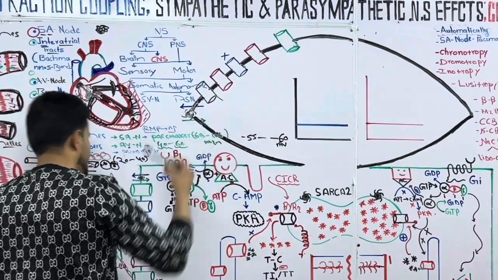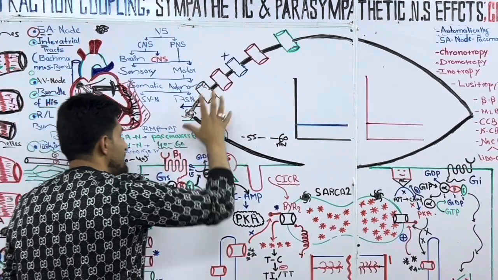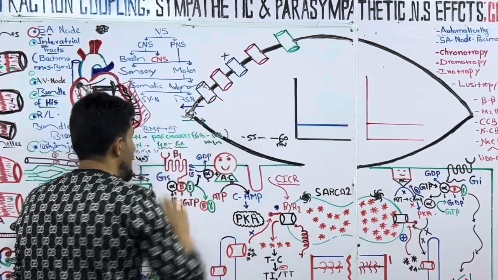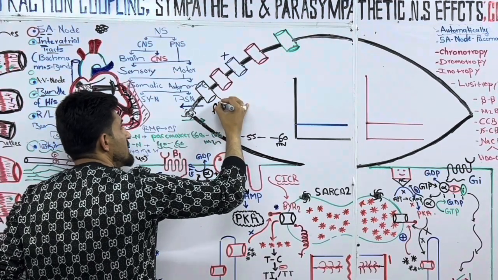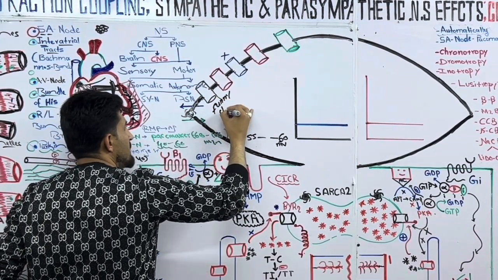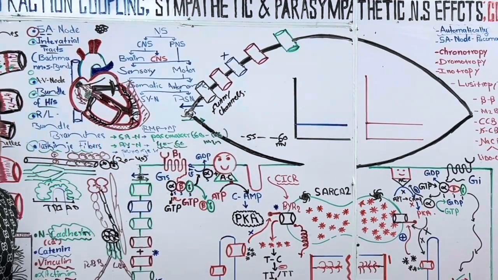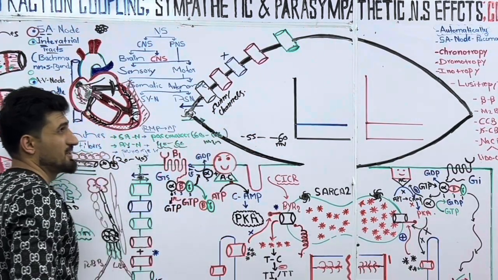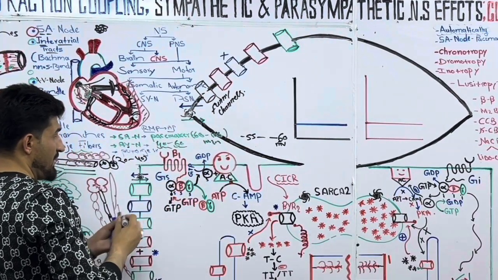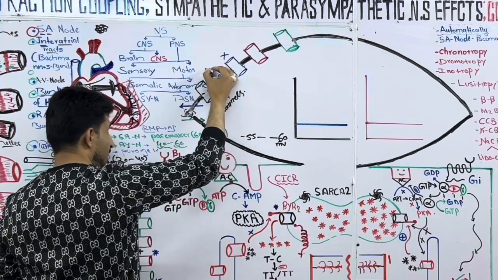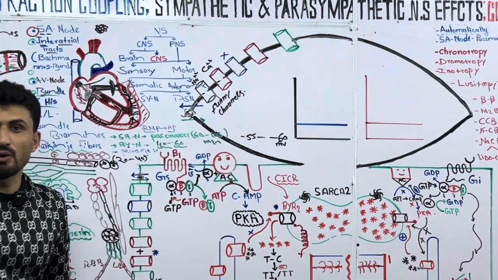we have the SA node and AV node, and the Purkinje system in all of them, but specifically in the SA node and AV node, we have some channels, and these channels are called funny channels. Now, these funny channels are leaky for calcium and sodium.